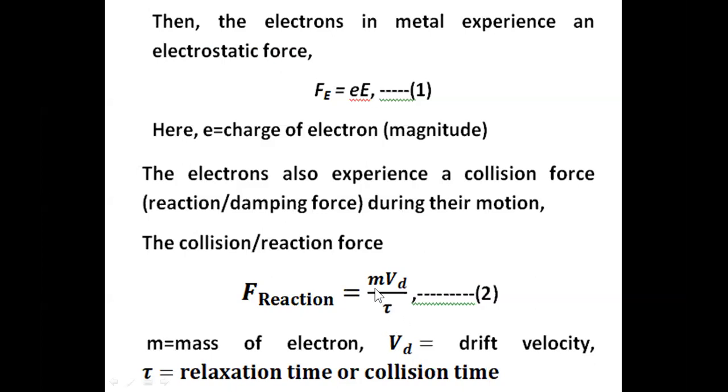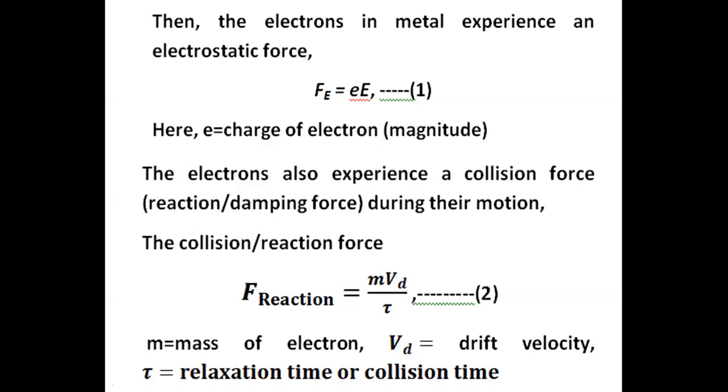Here m represents the mass of the electron, V suffix d represents the drift velocity, and tau represents relaxation time or collision time. The relaxation time or collision time is the time the electron travels between two successive collisions.